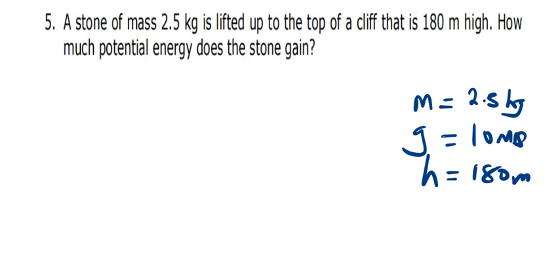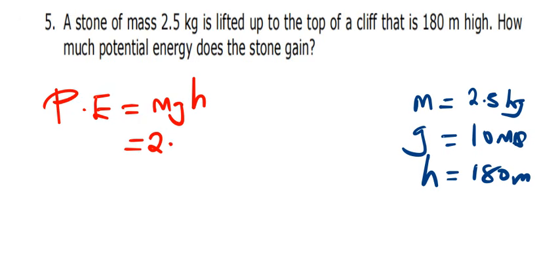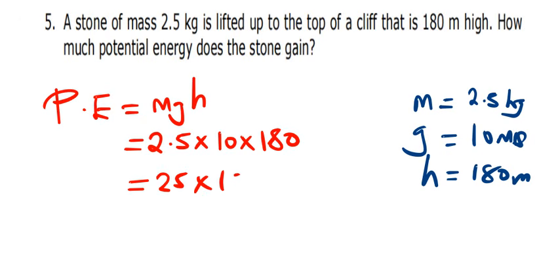Basically, we have everything that we need to solve this question, and we said that our potential energy is just equal to mgh. So in this case, 2.5 kg multiplied by the acceleration due to gravity multiplied by 180 meters. Okay, so now 2.5 multiplied by 10 is 25, multiplied by 180.